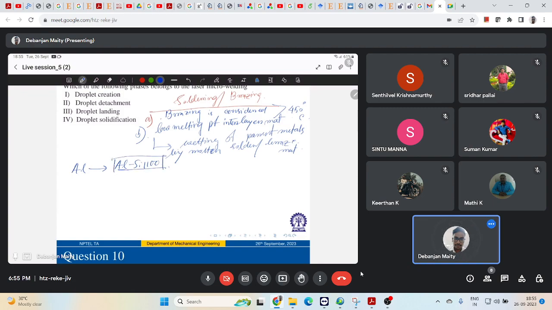You can Google it. I think this was an alloy of aluminium, silicon, and magnesium. So basically, what I want to say is there will be specific flux material or specific interlayer material depending on your material combination. Again, you cannot use any kind of material with any kind of material combination.